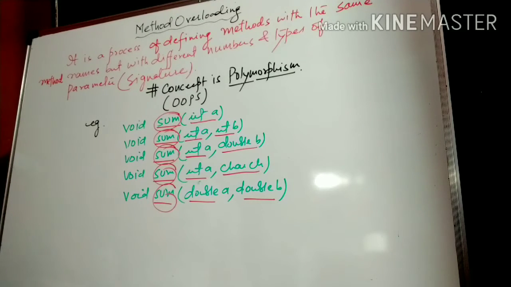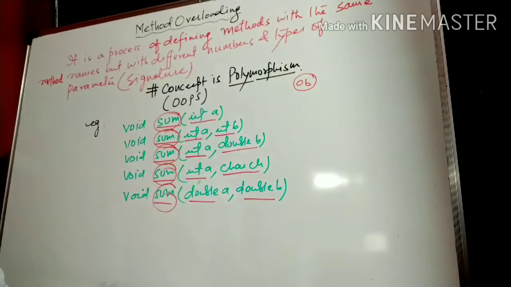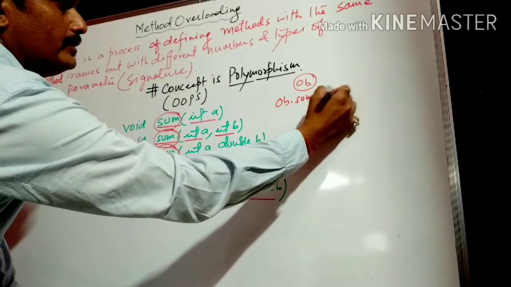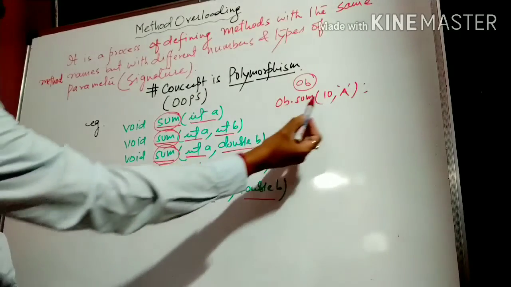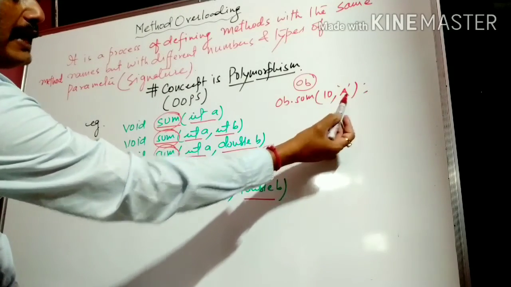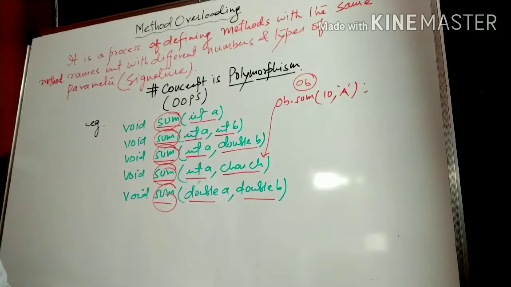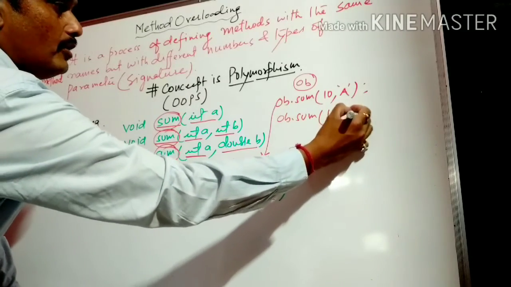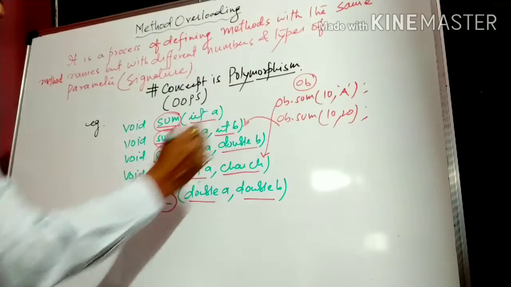Now the thing is how to call them in main. When you create an object, suppose this is an object. If you write ob.sum with 10 comma a, which method will it call? One is integer, another is character, so it will call this one. If you write ob.sum with 10 comma 20, it will call this one.